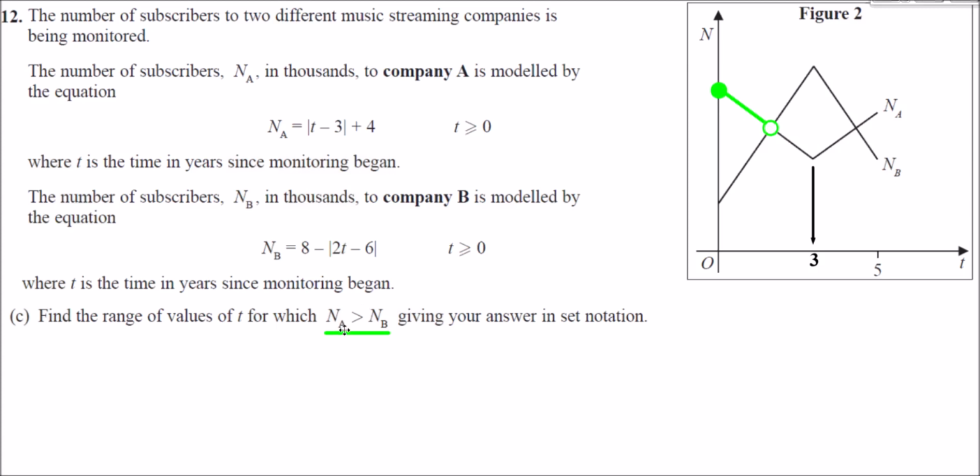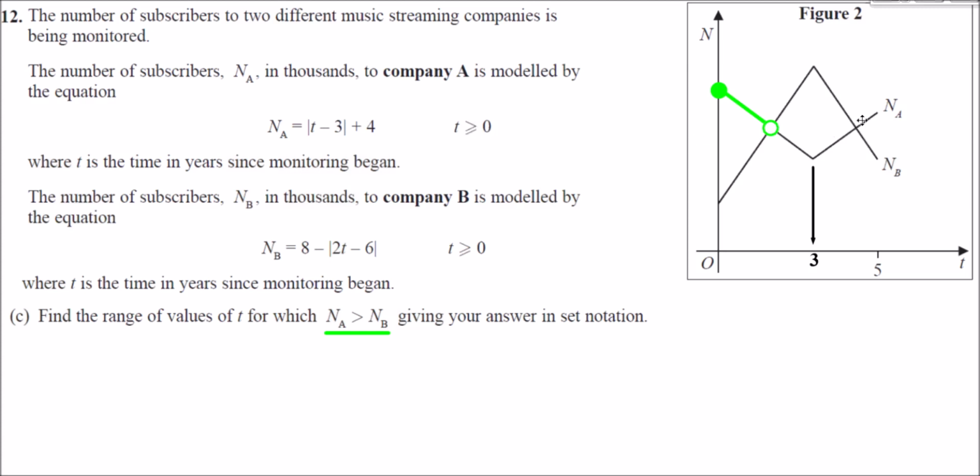If we're wanting strictly that the number of subscribers for A is greater than B, I'm not wanting this point, I'm excluding this. I want it strictly greater than, so it's everything up to, including when the time is equal to 0. The other region, when n subscript A exceeds n subscript B, is from this point here onwards indefinitely, because the function is unbounded for higher values of t.